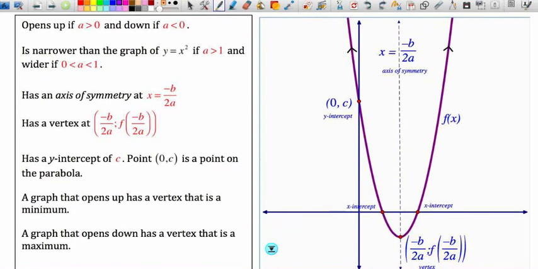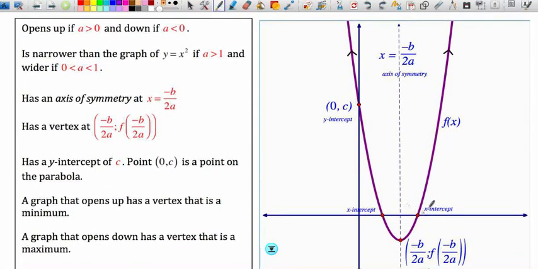Okay, so if we come back, here's our sketch of our parabola. Keep in mind that we're looking for several key things. We're looking for the vertex, the zeros or the x-intercepts, and the y-intercept. Typically we would then use the symmetry of the graph. Remember, we have an axis of symmetry, which is like a fold line, and the parabola is symmetric about this line.